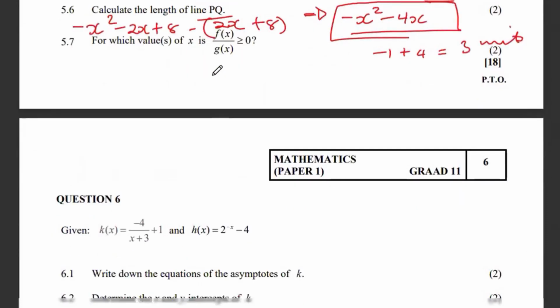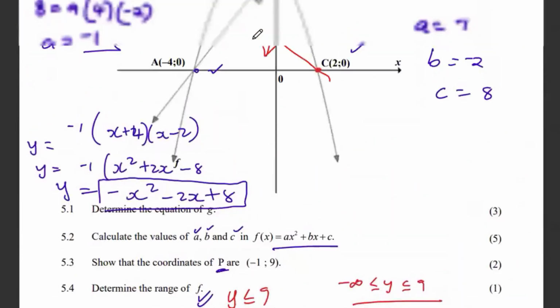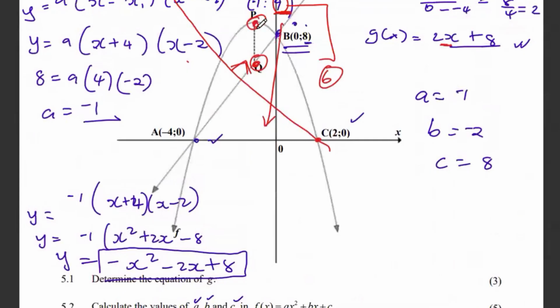Okay, so lastly, 5.7, for which values of x is f of x over g of x greater or equal to 0? Now, if you look at the graphs themselves, remember we are dividing these graphs and we are ending up with a negative. It's more like you're multiplying and then you get a negative. So you can only arrive at a negative if one graph is below and the other graph is above.